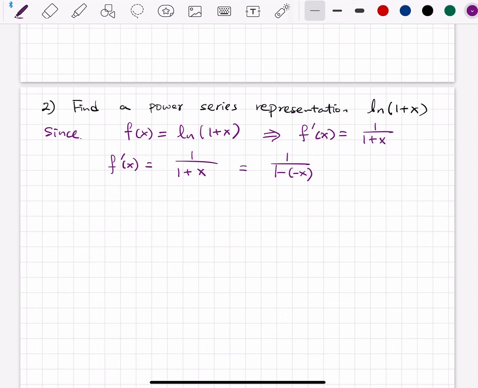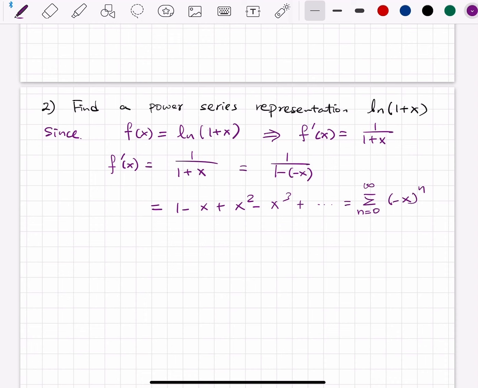Which is going to be a power series, let me write it here, 1 minus x plus x squared minus x cubed, or summation n equal to 0 to infinity of negative x to the nth power.